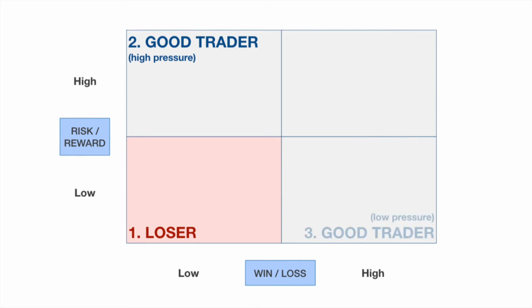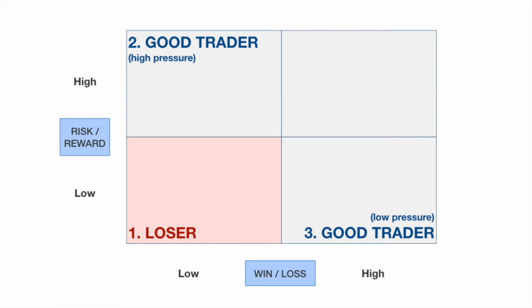On the other hand, the total opposite is the case where your risk reward is low, but your win-loss ratio is high. In this case, you are still a good trader, but you mostly win except for some occasional losses.